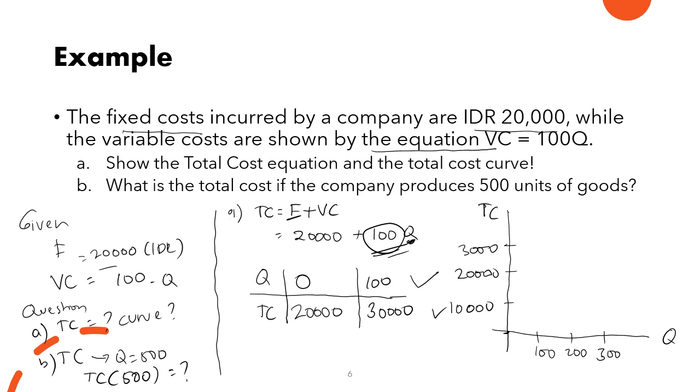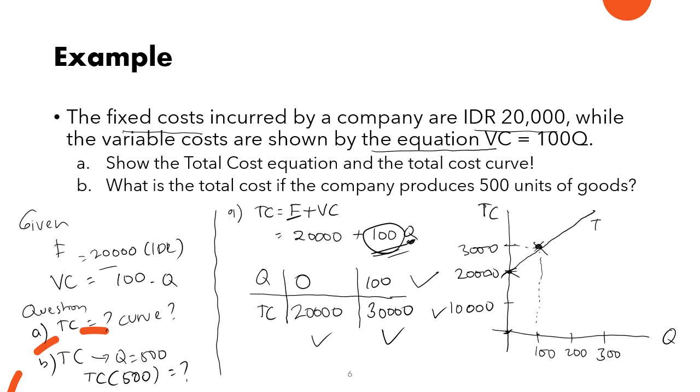Now put the first one, 0, 20,000. So 0 here, 20,000 is here. This is the coordinate. And for the second one, the 100 goes to 30,000. So this will be the coordinate. And draw the line.